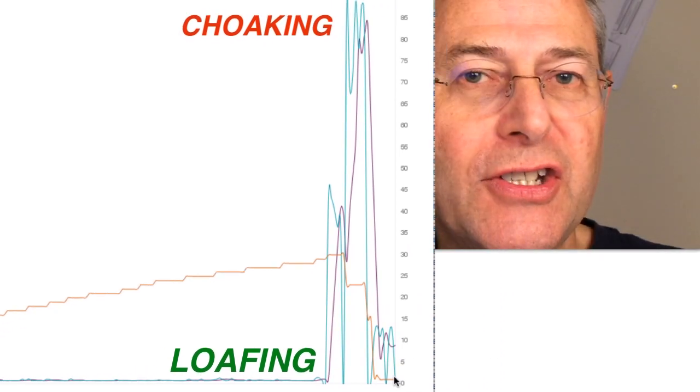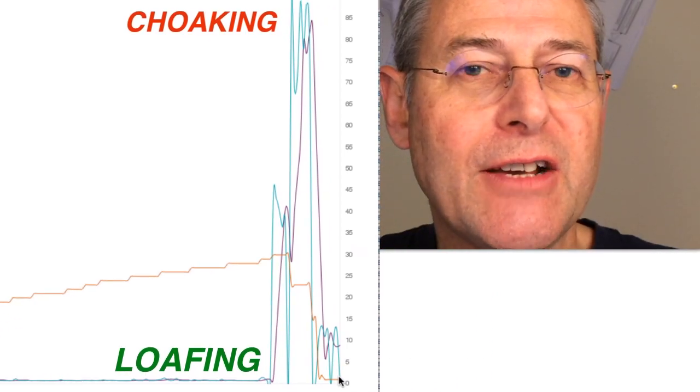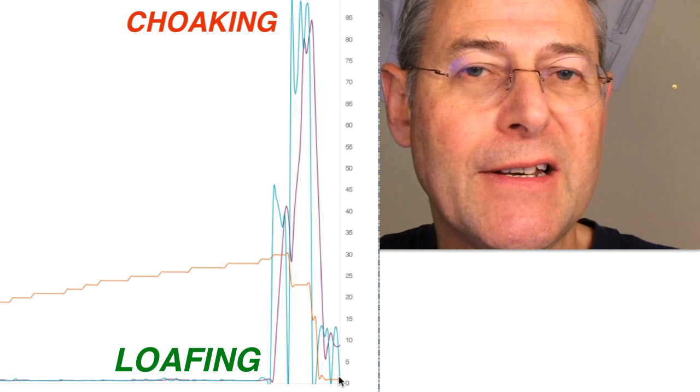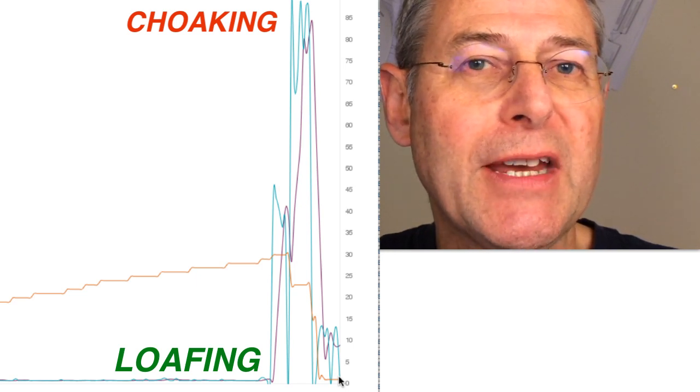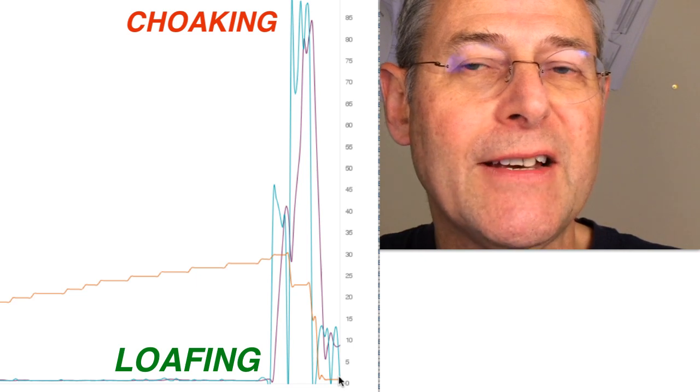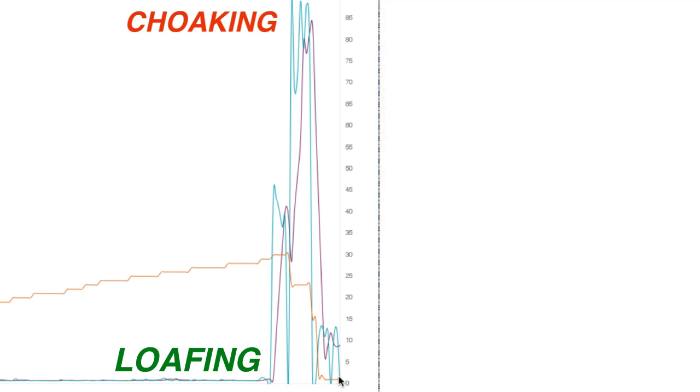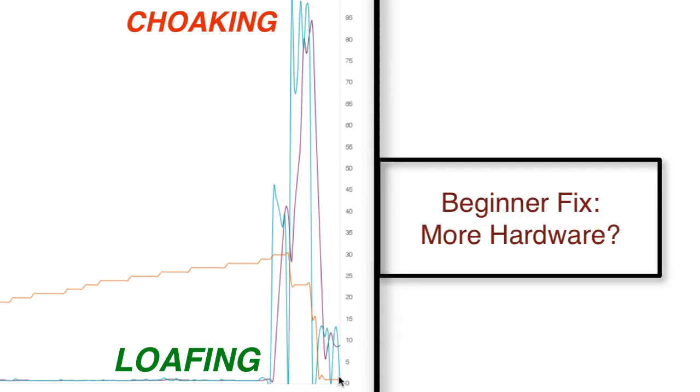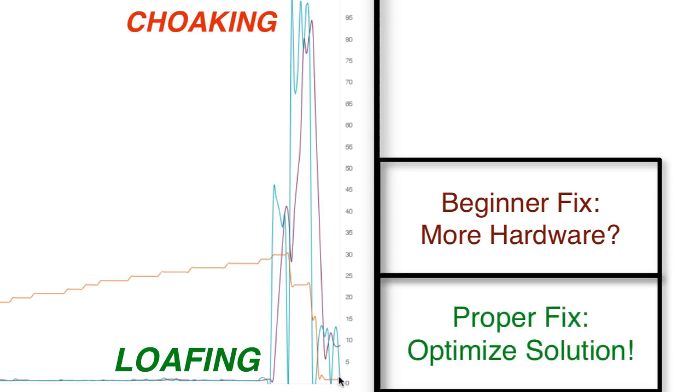And just that first takeaway from this video: the moment you realize, as the person responsible for making the system run well, that if it's not loafing, it's getting near choking, that's going to give you the starting point to really get the best out of your system, and not to have unreasonable expectations of it as well. Yeah, and sometimes people can throw more hardware at their problem, but a lot of times they can optimize the solution and make things run much more efficiently, and no hardware needed to be purchased.